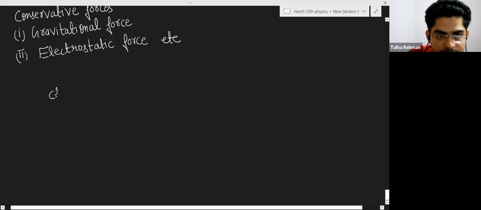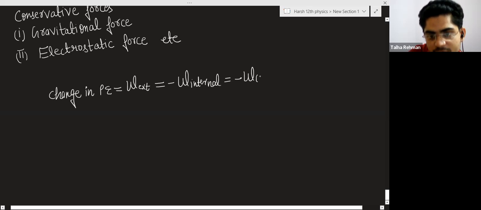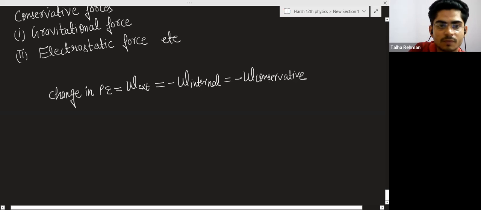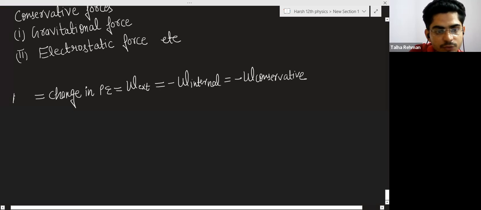Like I am writing here, change in potential energy is equal to work done by external force, which is equal to negative of work done by internal force, which is equal to negative of work done by conservative force. And this change in potential energy is written as delta U.